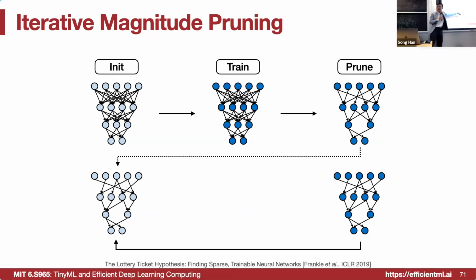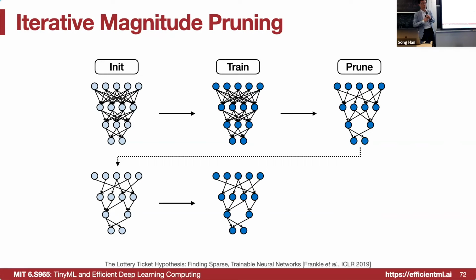This is light blue, not dark blue, the same as the original model, and then we can train it. Finally, we can obtain the same accuracy, although this model is much smaller than the beginning model. So the tricky part is we still have to train the model until it converges in order to get this sparsity mask.